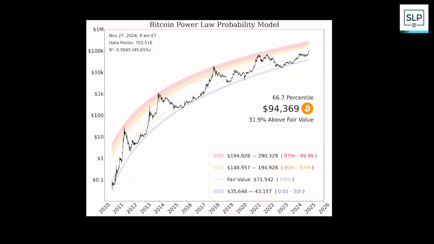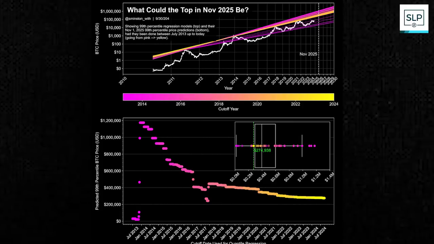So it does allow for a range of that top to occur. So it really shows with the red band that we could be anywhere between, if you look at the very end of next year, upwards of 400,000. So if we had the same level of a peak as 2017, which was the 99.99th percentile, the very, very top of the data set, if we match that.